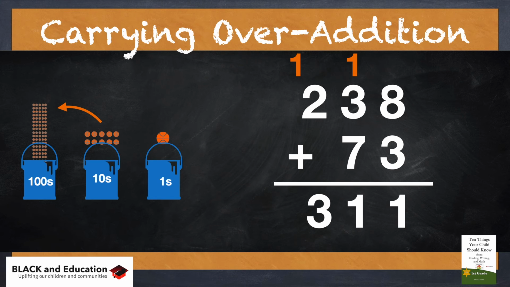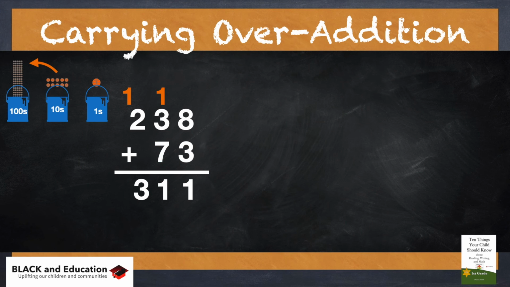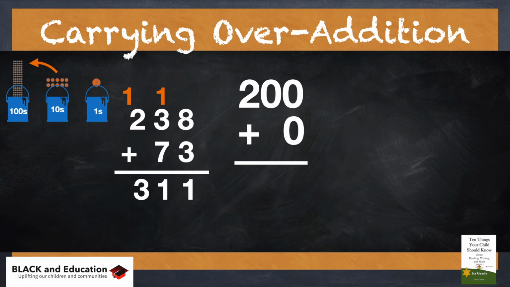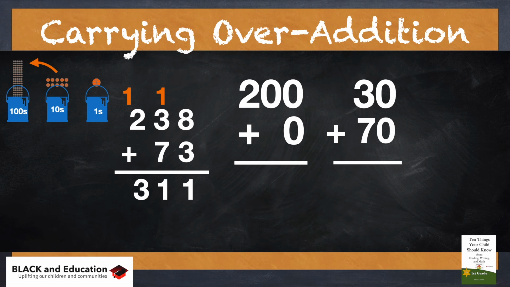But let's look at it another way. Let's take another dive into this number and let's break this apart. So I have 238 plus 73, that we know is 311. Let's look at this a different way. Let's say I have 200 plus 0. I'm looking at both numbers, the number on top and the number on the bottom, and I'm saying how many hundreds do I have? Well, right there I have 2 hundreds in the first number and 0 hundreds in the second number. And then when I move over to the tens place, I have 3 tens, which is 30, and I have 7 tens, which is 70.